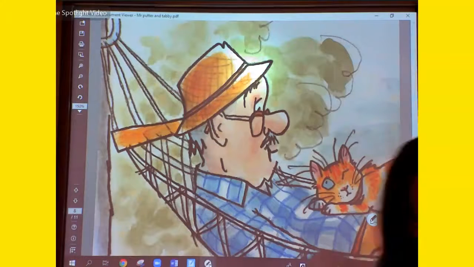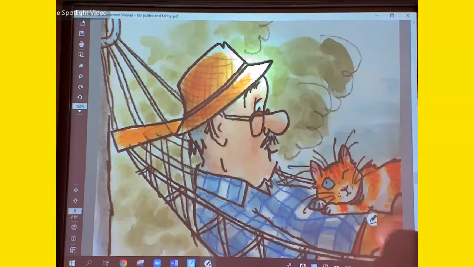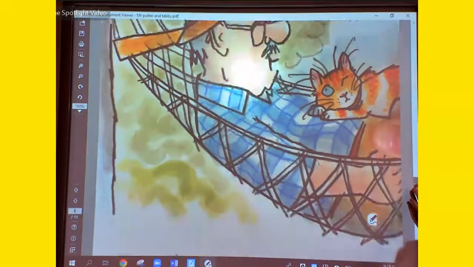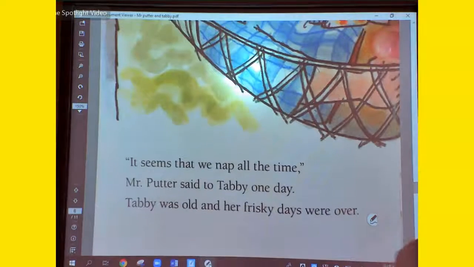So Petra helped us discover that both of these characters are old. And when they say her frisky days were over, what do you think the author was trying to tell us? What does it mean when it says, Tabby was old and her frisky days were over? I'm looking for a hand up.